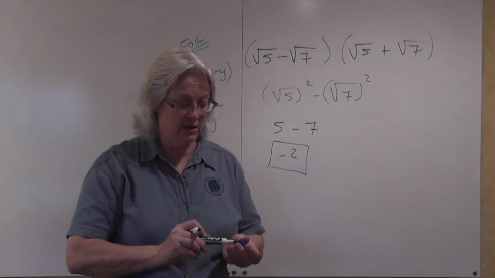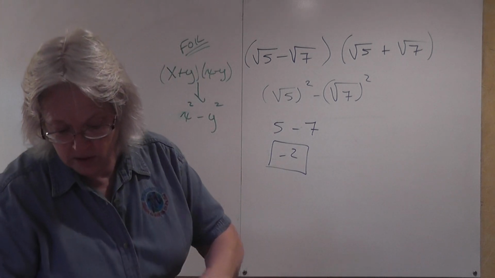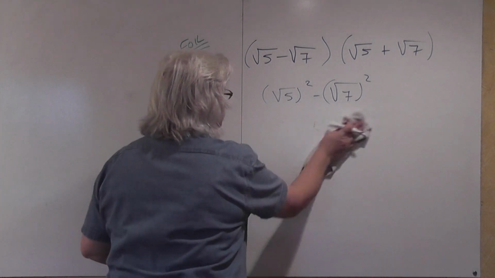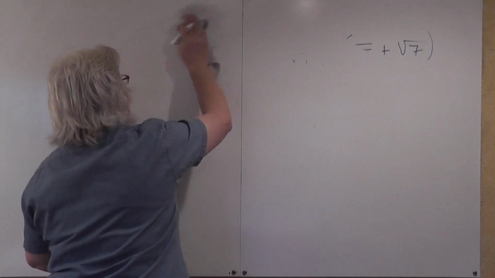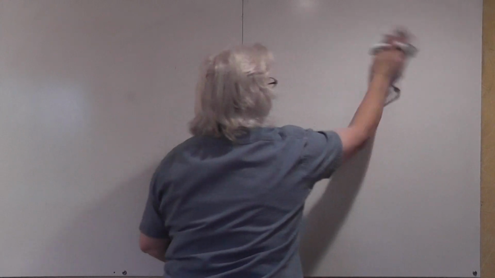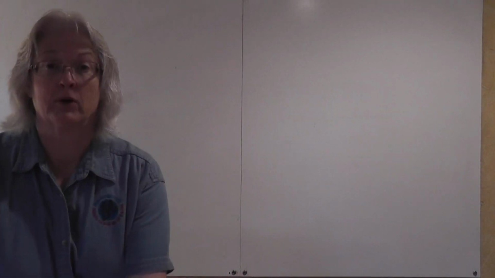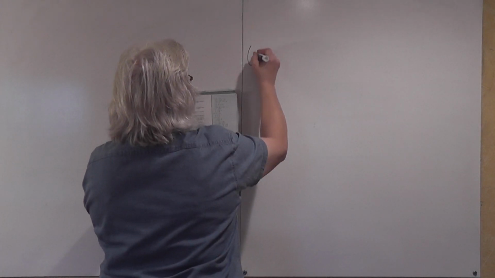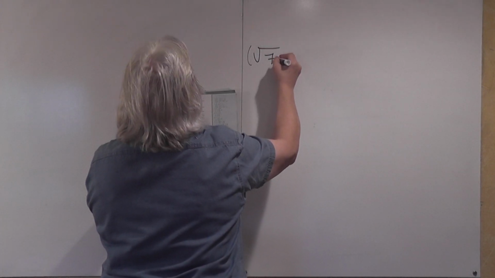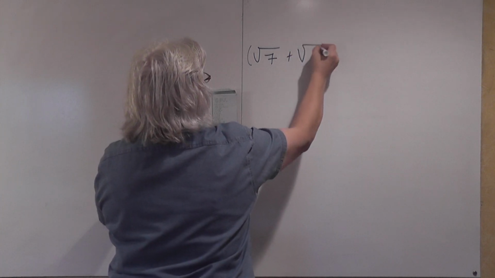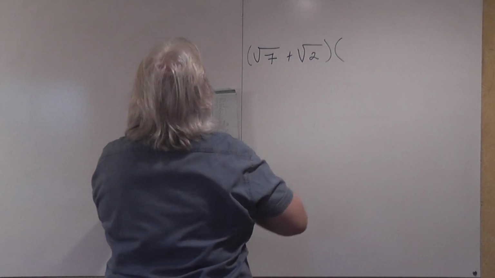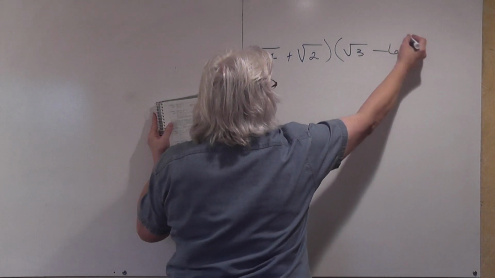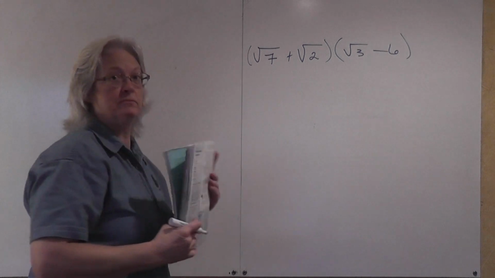So let's go ahead and back up for a moment to the second example that I skipped. I'm going to go ahead and pick up the book here. We're going to multiply square root of 7 plus the square root of 2 times the quantity square root of 3 minus 6.